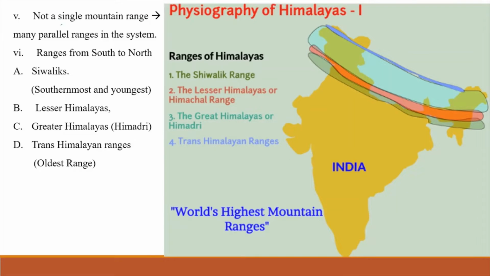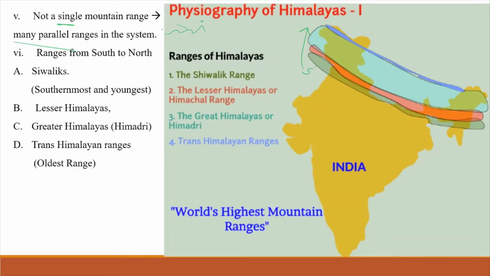Now we saw that it is not a single range because there are different folds that took place from the oldest in the north to the youngest in the south. Okay, so they are parallel ranges. If you go from south to north, the youngest one will be here, known as the Shivaliks.